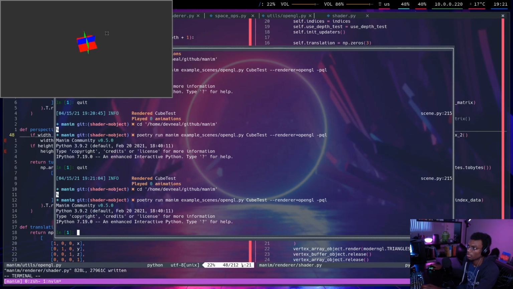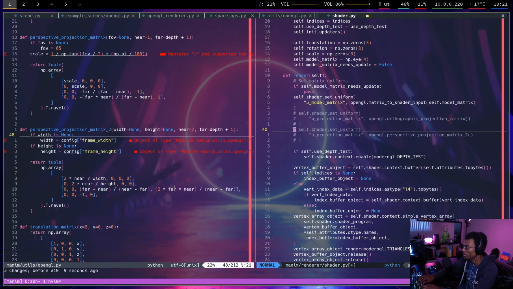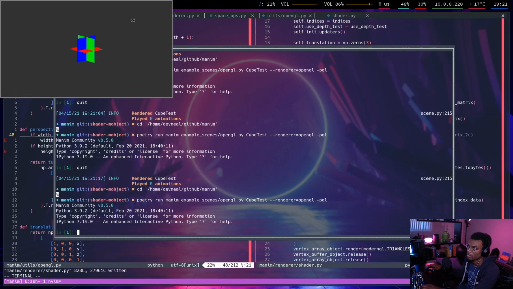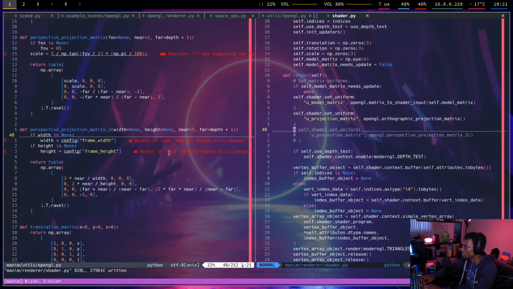This one had zooming. Things are like randomly working and not working now. Oh, this one was orthographic. That makes perfect sense. Oh, and that's why the zooming doesn't appear, because it's an orthographic projection, so it doesn't have perspective. That makes perfect sense.